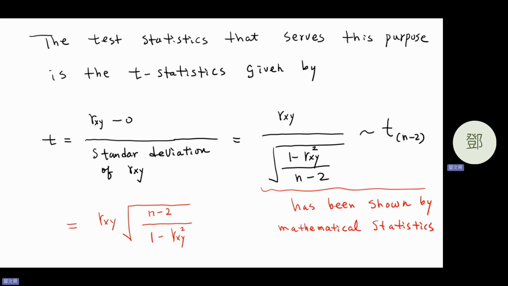So what table should we go to? The t table. Why? Because this is a random variable, and a random variable has a distribution. The distribution of this random variable is the t distribution with n minus 2 degrees of freedom.